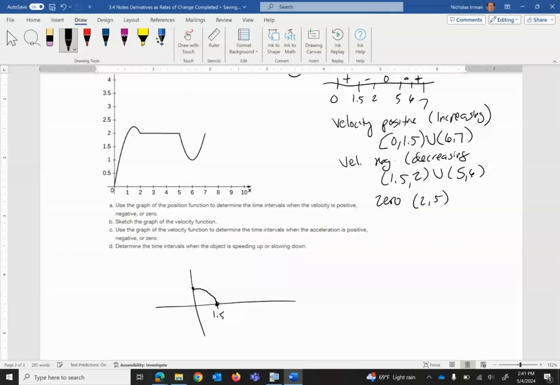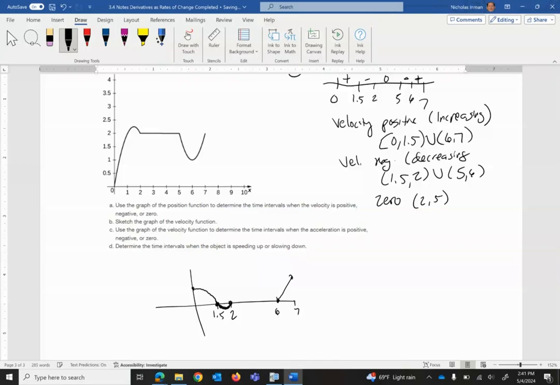All right, from 6 to 7, we are also increasing. So we were 0 at 6, and we are increasing slowly and then increasing quickly. So probably something like that. Let's see, we're decreasing from 1.5 to 2. And at 2, we're back to 0.